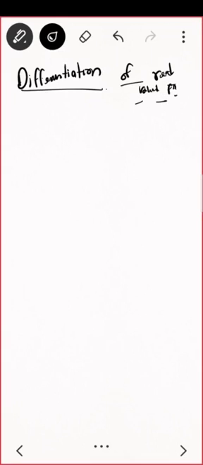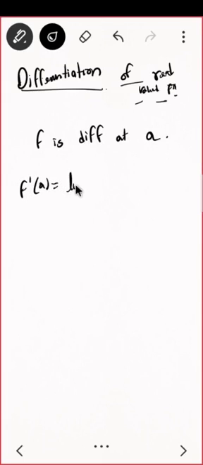First of all, when do we say a function is differentiable? f is differentiable at say a when f dash of a is equal to the limit h tending to 0 of f of a plus h minus f of a upon h, correct?